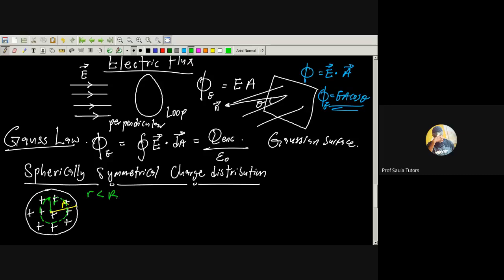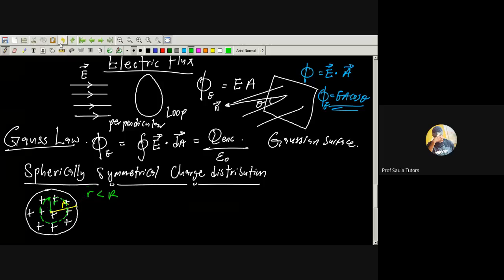We want to find the electric field inside this Gaussian surface. I will explain that again. You want to find the electric field inside this insulating sphere, whereby your r, the radius of this broken curve, this Gaussian surface that you constructed here, is still inside the sphere, where r is less than big R. That is case 1.